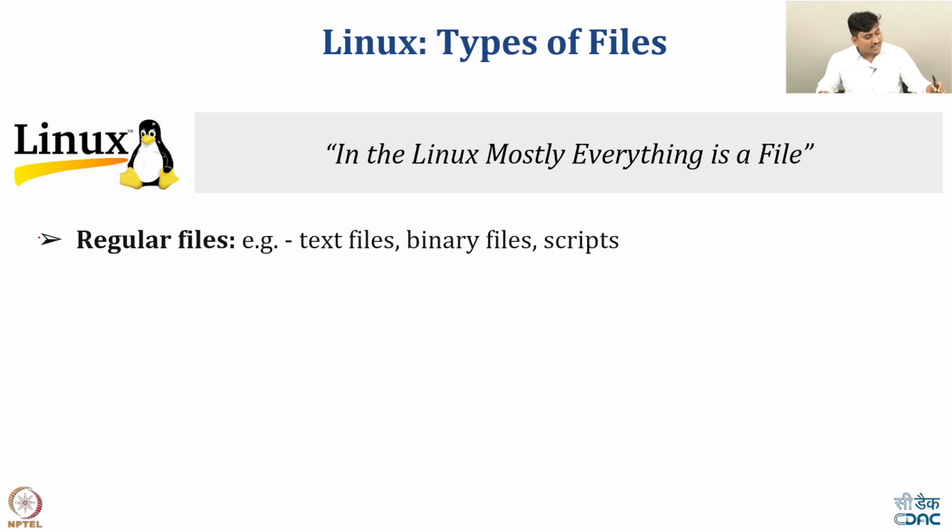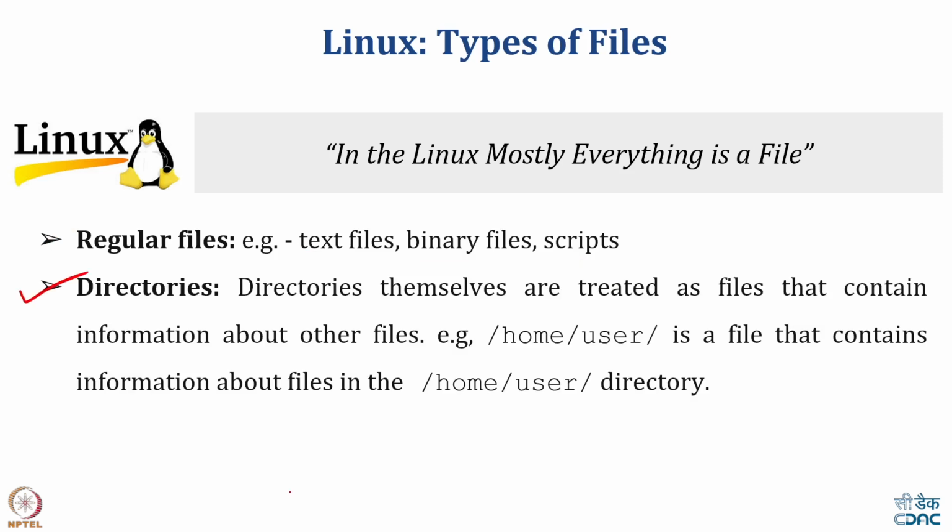The very first is the regular file. Regular files mean normal text files, binary files or scripts, by which we can write some data and save that data. Now let us talk about another type of file, which is the directory. Directories are themselves files which hold the information about other files.